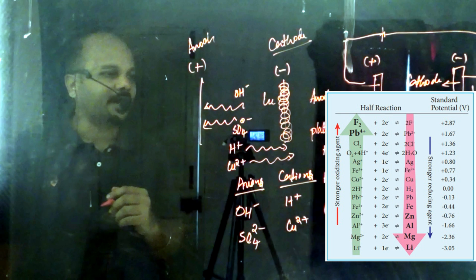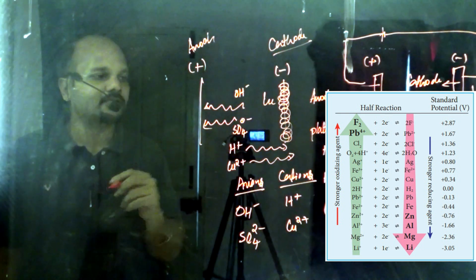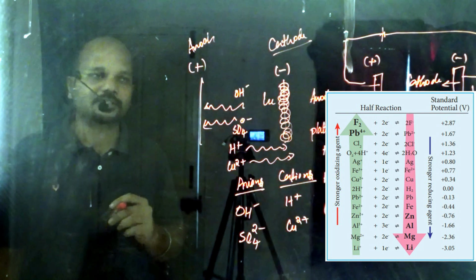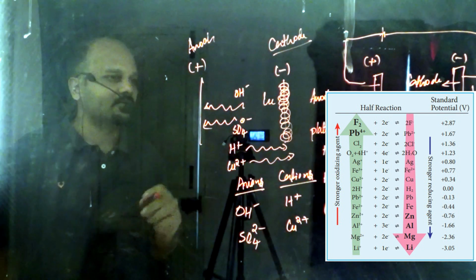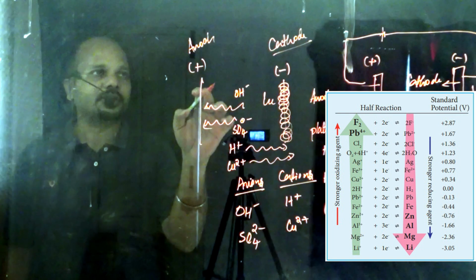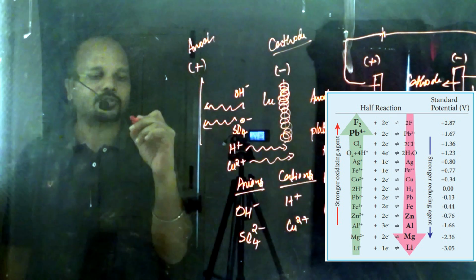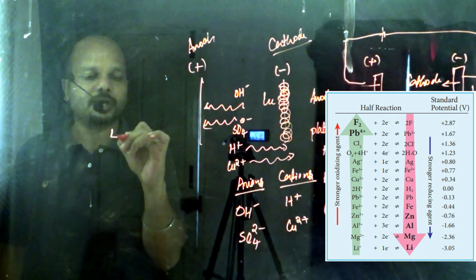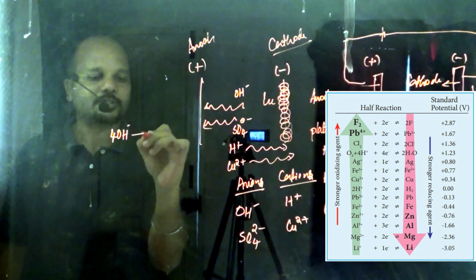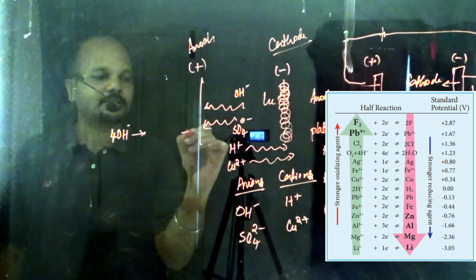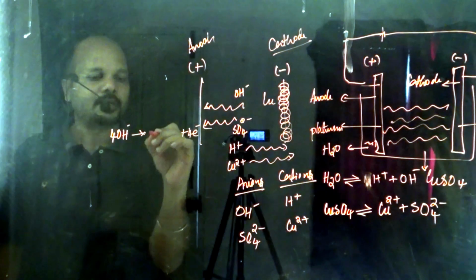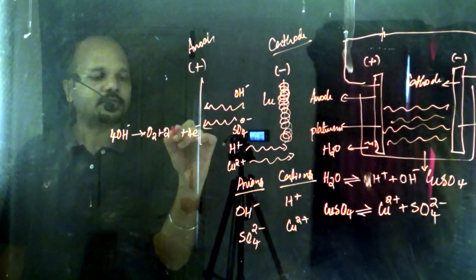And at the anode, OH minus is going to get discharged. So 4 OH minus releases 4 electrons, and gives oxygen plus 2H2O.